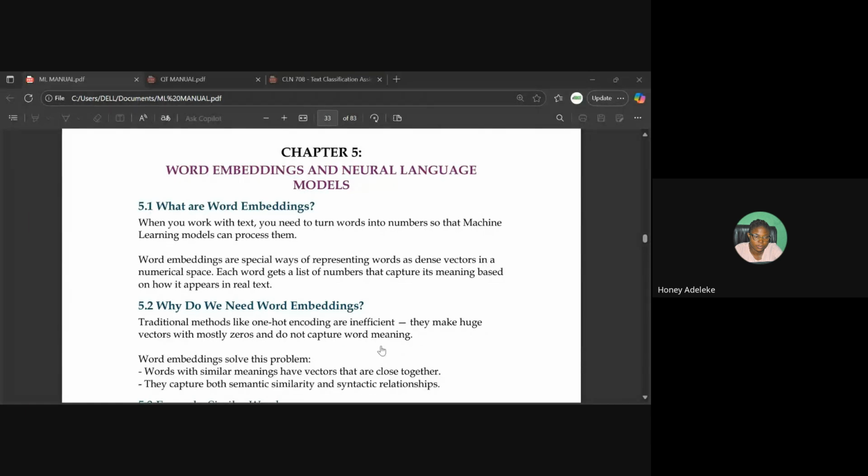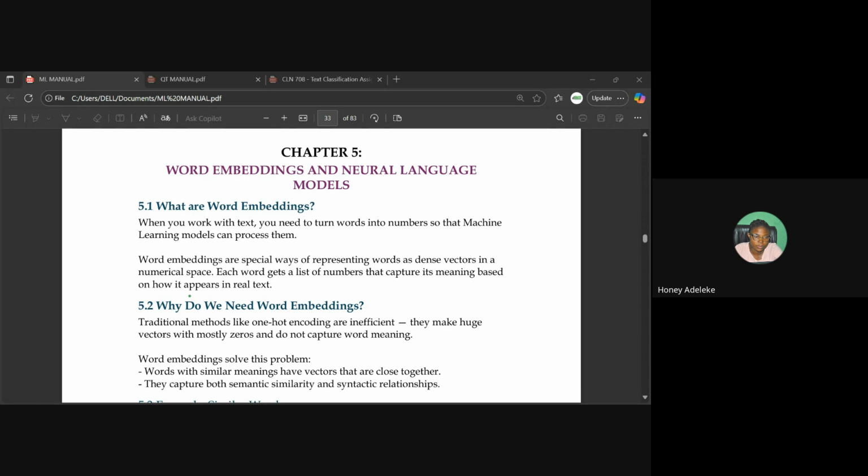We have here that word embeddings are special ways of representing words as dense vectors in numerical space. Each word gets a list of numbers that capture its meaning based on how it appears in real text.